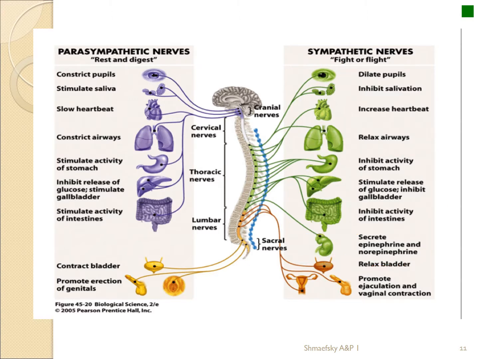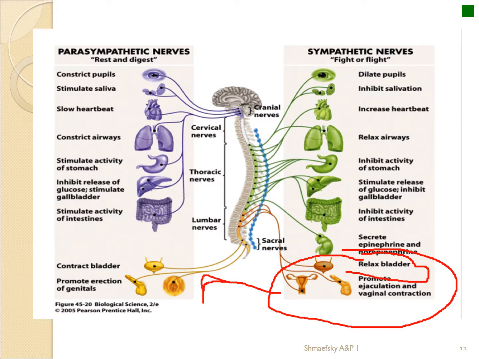When we look further down now, we can see that the sympathetic nervous system relaxes the bladder, okay, and it promotes, now this is funny, it promotes ejaculation and vaginal contraction. So there's actually two separate responses that are involved in sex.